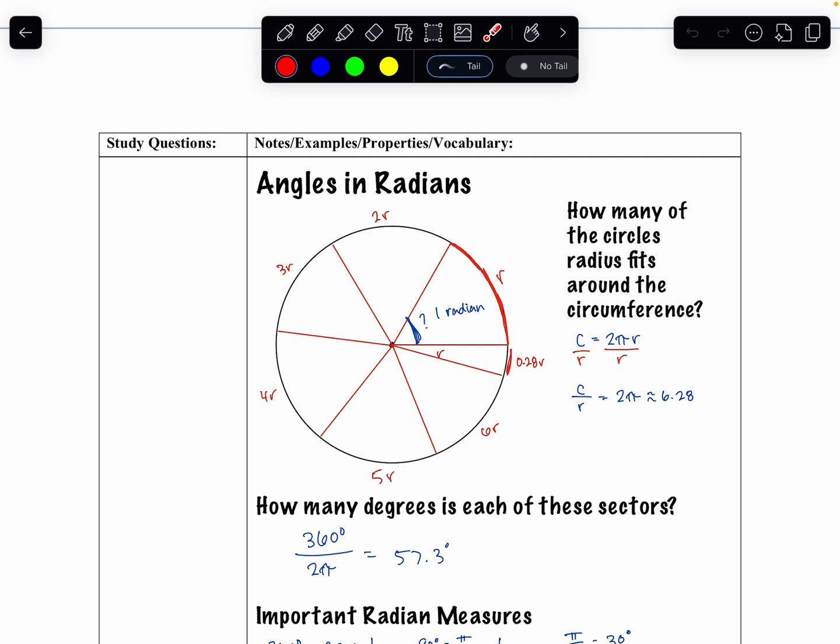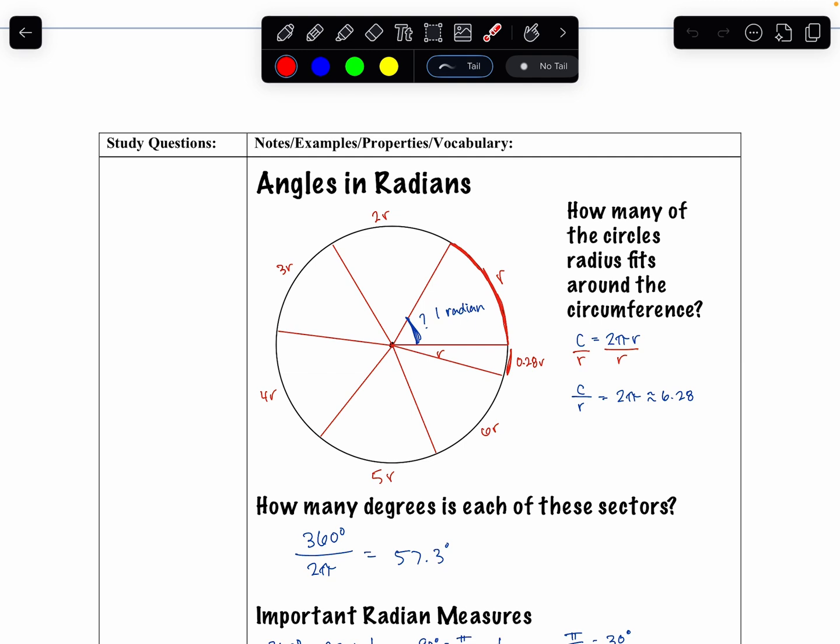But a radian measure is the measure of an angle that it takes to provide the length of the radius along the edge of a circle. So here's the radius. If you measure that same length along the edge of a circle, that gives you an angle measure that we call 1 radian. And you know that the circumference of a circle is 2 pi r.